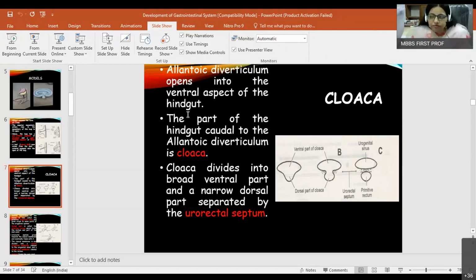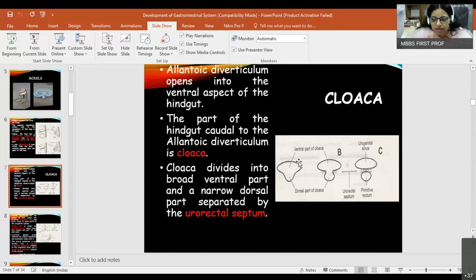Now this division of hindgut into cloaca by the allantoic diverticulum, so the cloaca is dividing into a ventral part and a dorsal part.